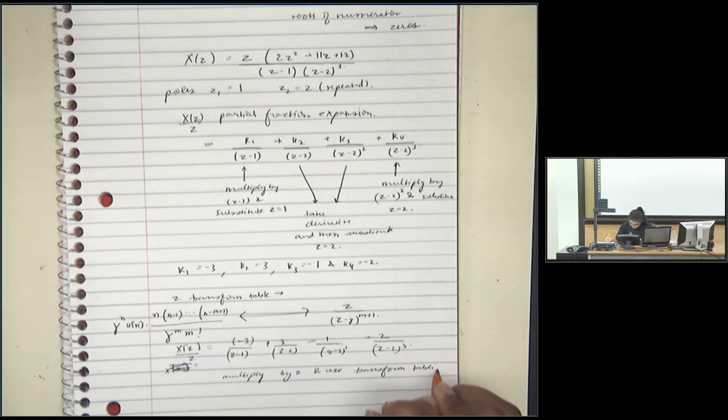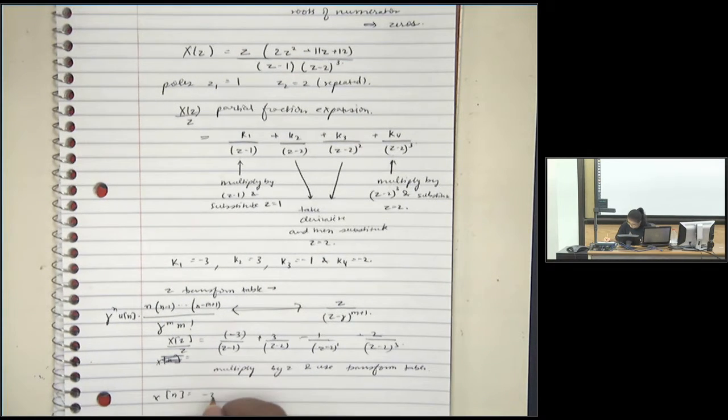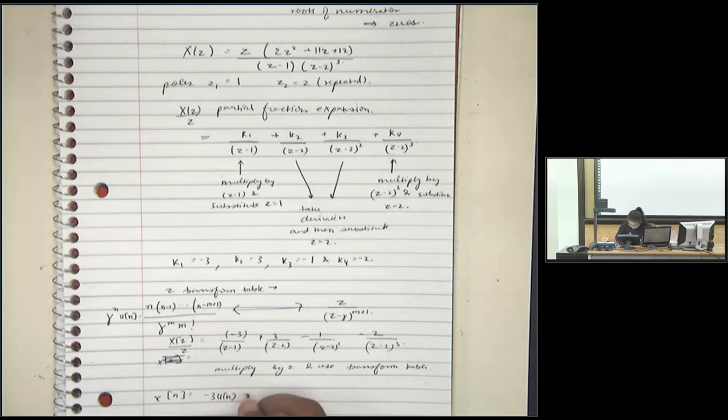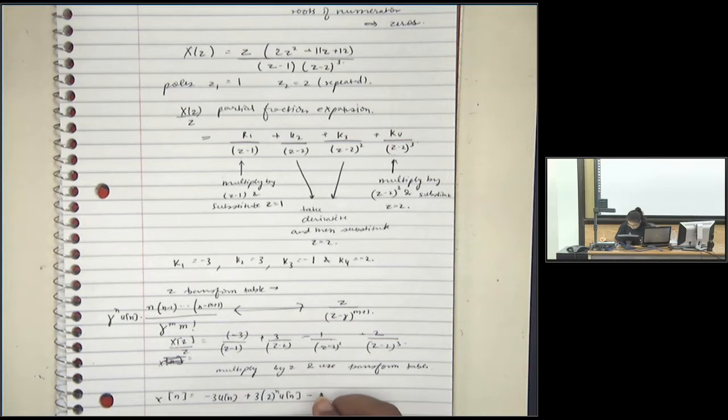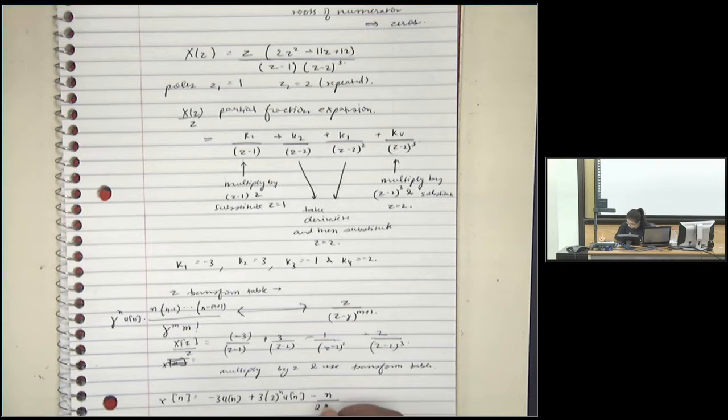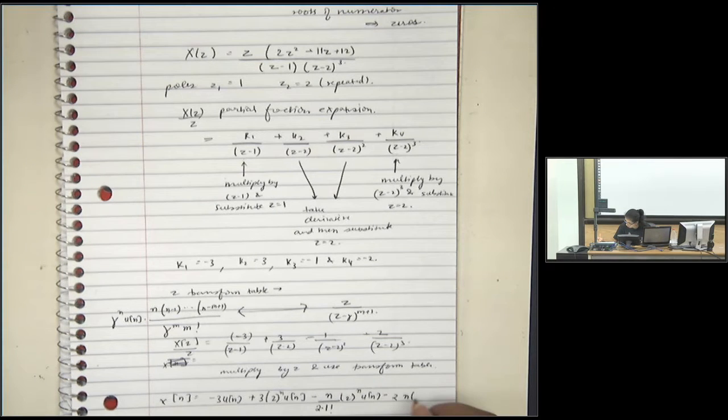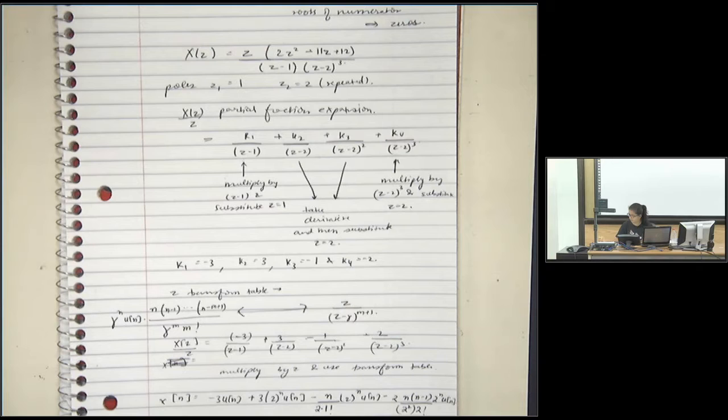Okay, so we will get x of n to be minus 3 u of n plus 3 2 raised to power n u of n minus n over 2 into 1 factorial into 2 raised to power n u of n minus 2 into n minus 1 over 2 squared into 2 factorial 2 raised to power n u of n.